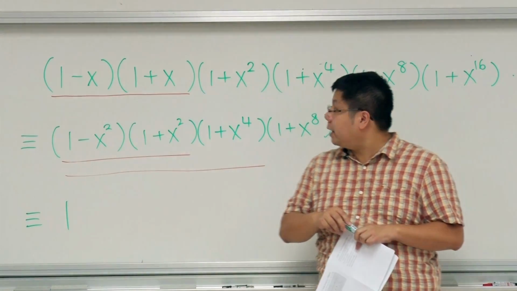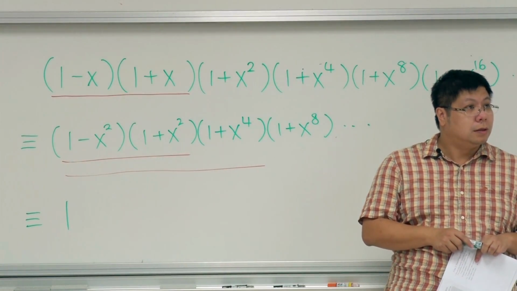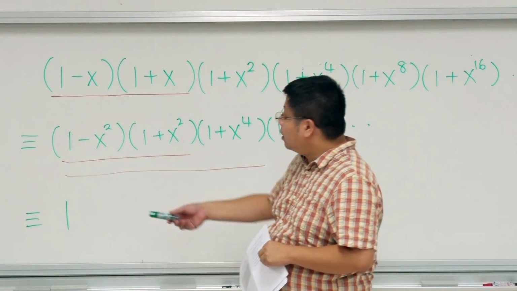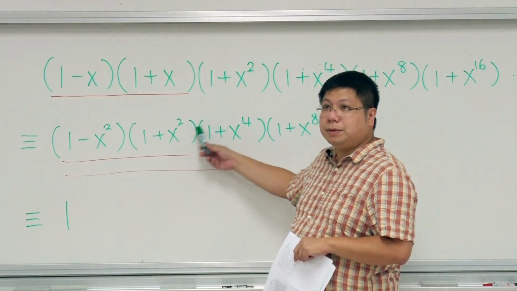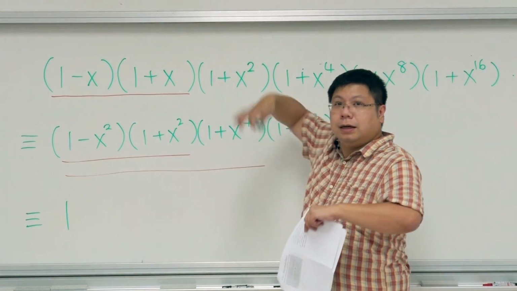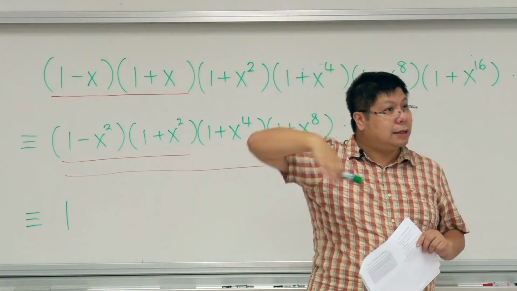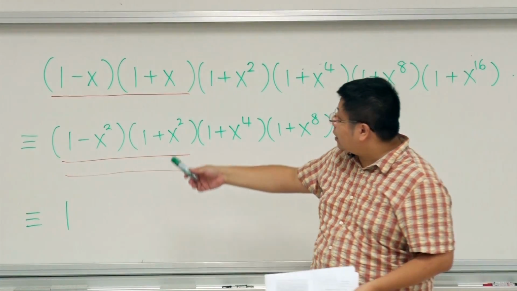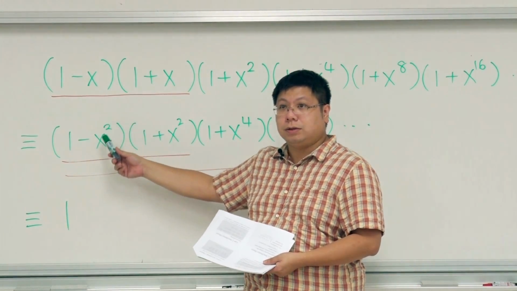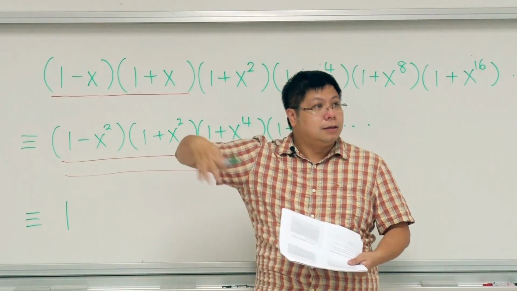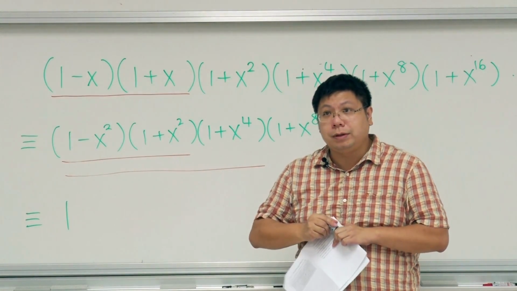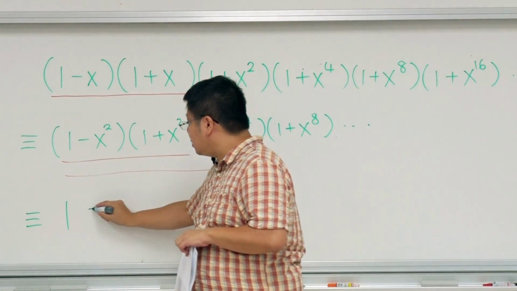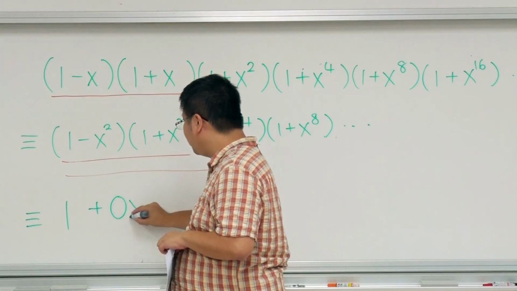And do we have any x term? No, we don't have any x term. This is 1, right? And all the terms after that related to x are at least x squared, x to the power 4, right? And this term is minus x squared, so if you multiply with anything, the power will be at least 2. So you don't have any x term. That's 0x.